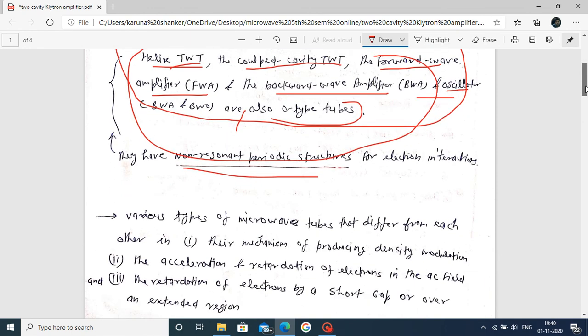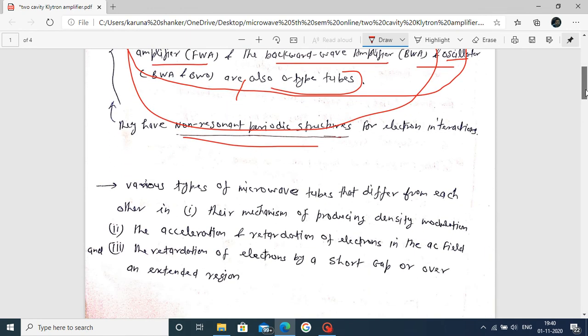We already said that there are various types of microwave tubes. They depend on their mechanism for producing density modulation, on the acceleration and retardation of electrons in the AC field, and third, on the retardation of electrons by a short gap or over an extended region.